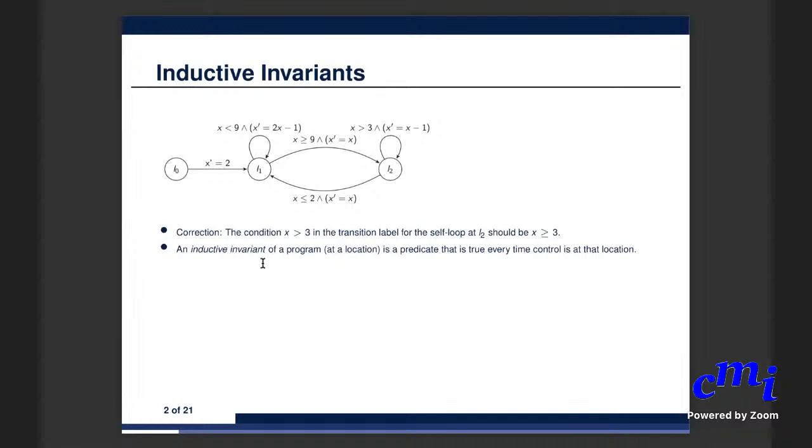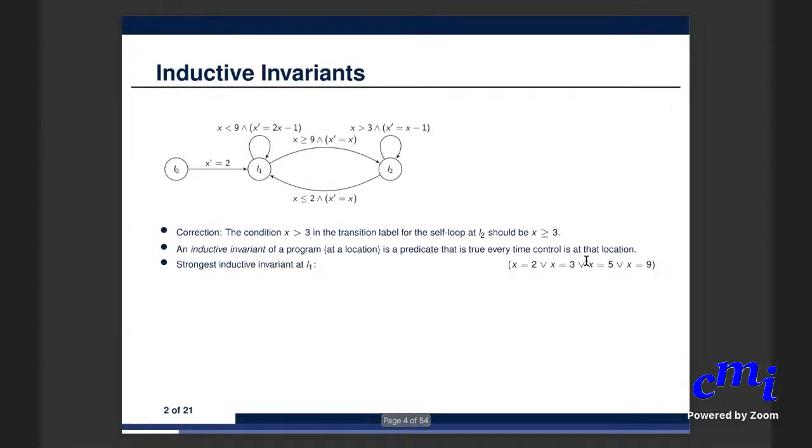Okay, so an inductive invariant for a program at any location is defined as follows. It's some predicate that characterizes a set of values that is true every time control is at that location.